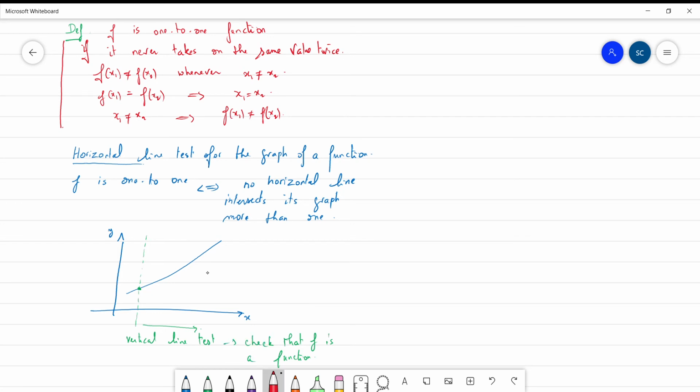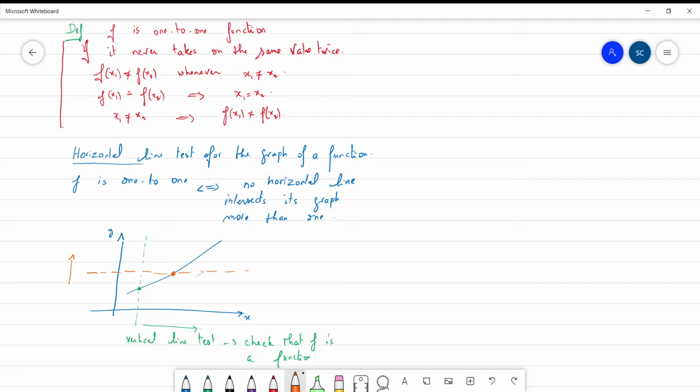Now the new test we are talking about is horizontal. Let's imagine a horizontal line, and we move it along the set of values taken by f on the image set, and check each time if the intersection is only one point.